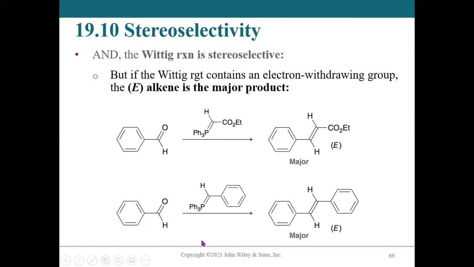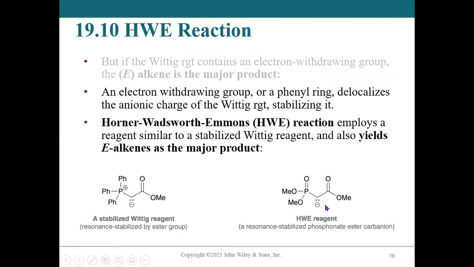Another example is this ylide, and we can see the same result: it produces this E configuration. An electron withdrawing group or a phenyl ring delocalizes the anionic charge of the Wittig reagent, stabilizing it. The Horner-Wadsworth-Emmons, or HWE, reaction employs a reagent similar to a stabilized Wittig reagent and also yields the E alkene as the major product.